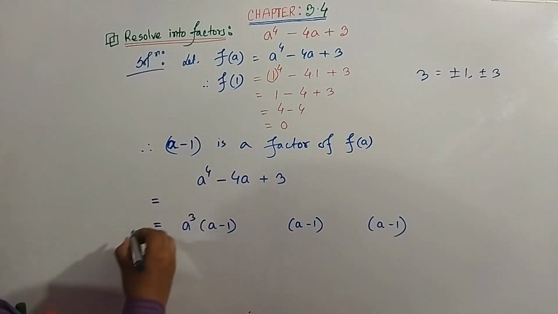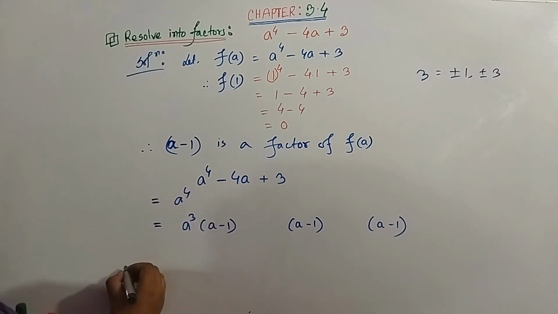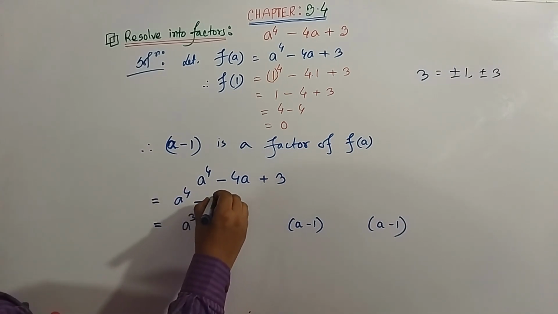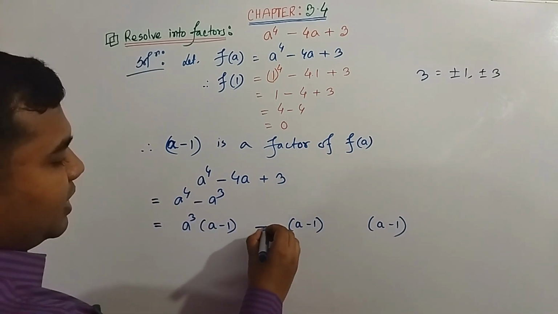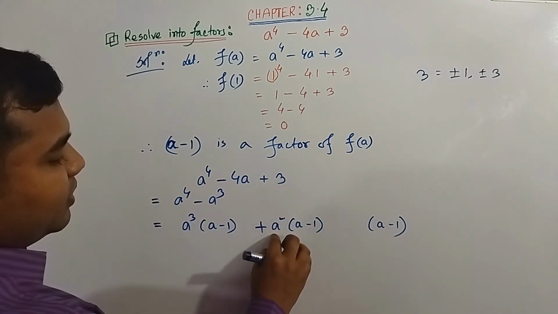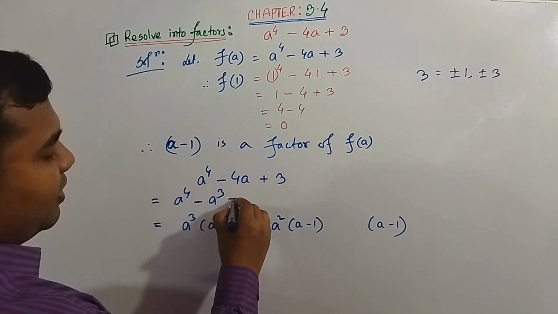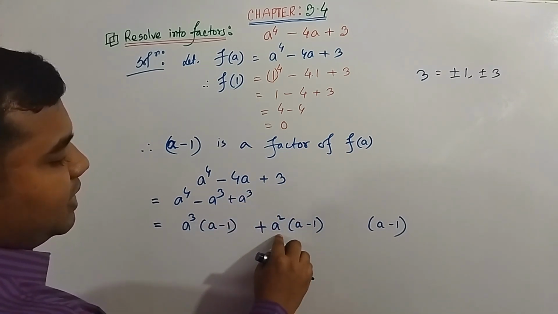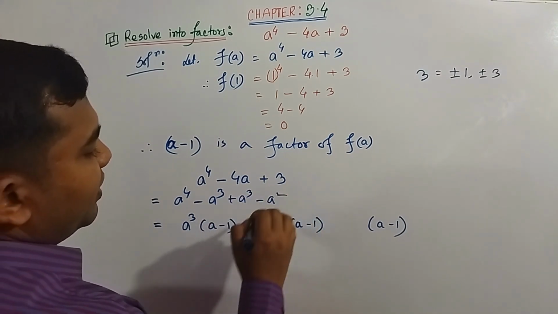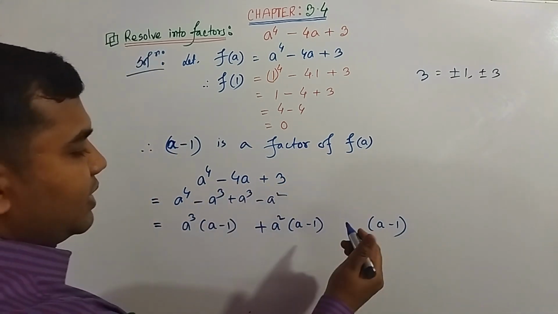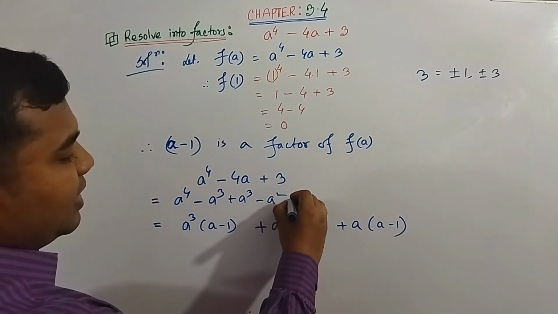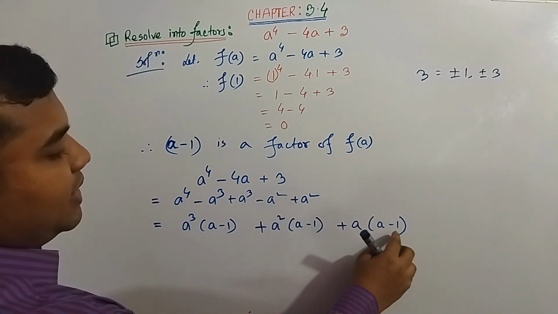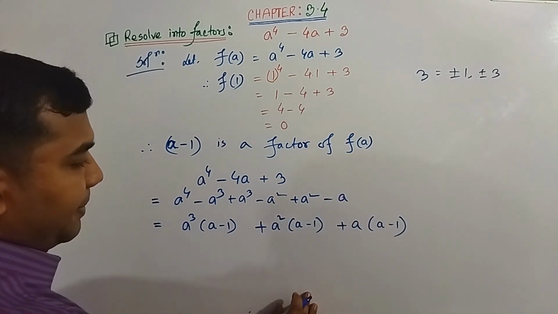If we go for the cube, we'll get a power 4 and a cube minus 1 is a cube. Since there is no cube, we have to remove the cube, that's why we go for a square. So a square and a will be plus a cube, but a square minus 1 was a square, so there was no square there, that's why we go for plus a into a, that was plus a square, and a into minus 1, that is minus a.